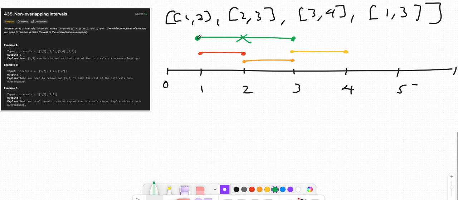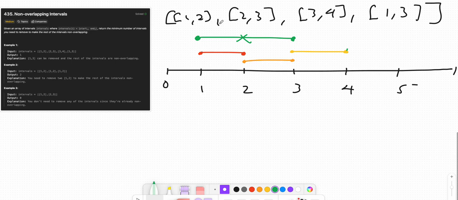So that makes it overlapping, right? Because we are already here, and what we are picking up is starting from here. It's less than this one. But this has all of this here, and clearly all the time I'm saying the end.